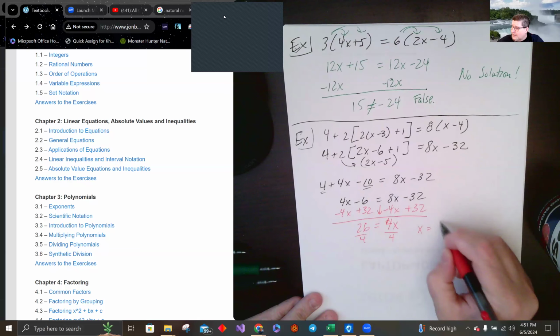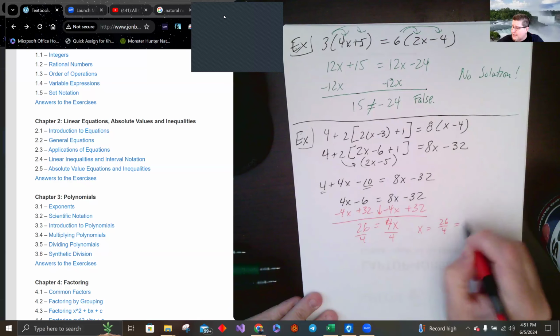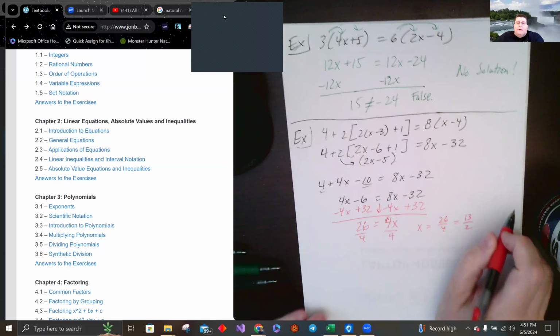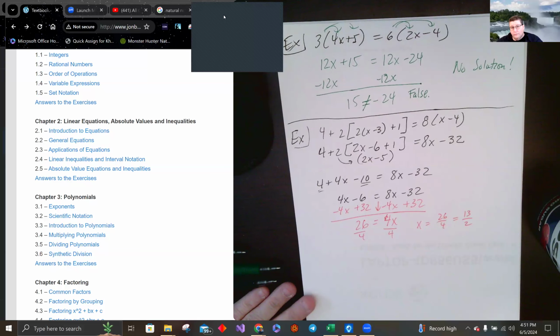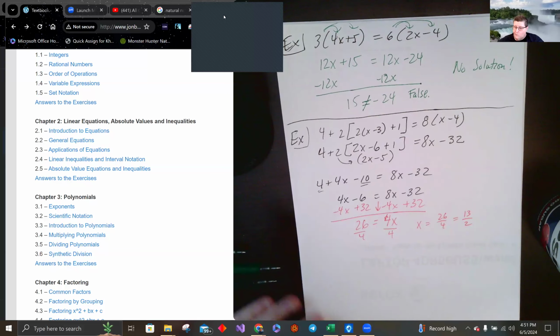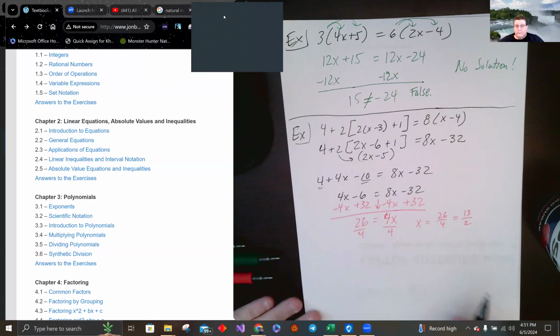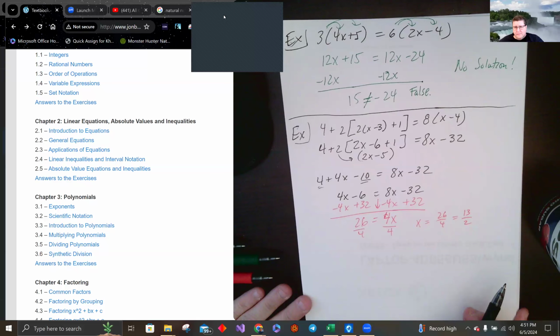X equals 26 over 4, which is 13 over 2. When you simplify, okay. Minus 5, 4x minus 10.